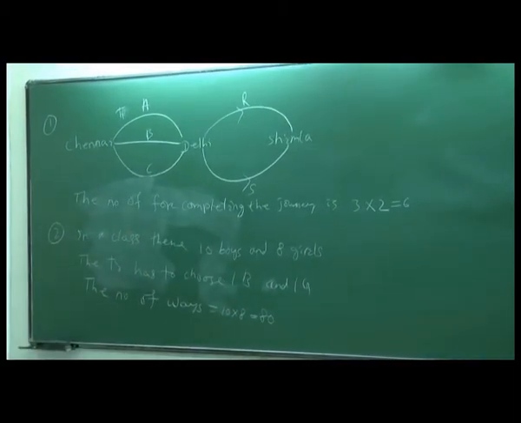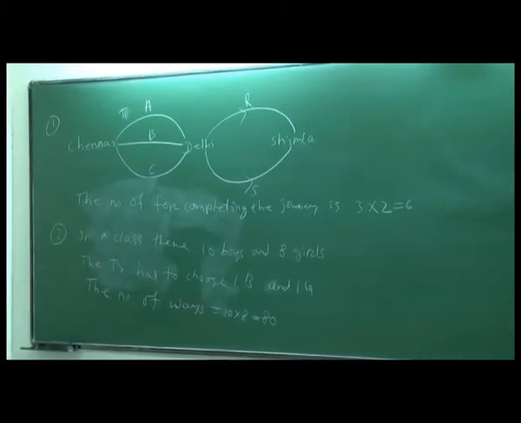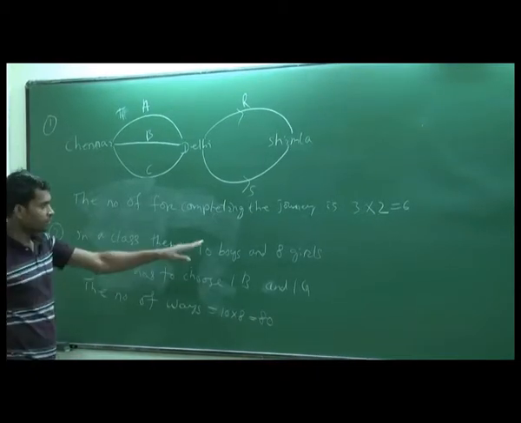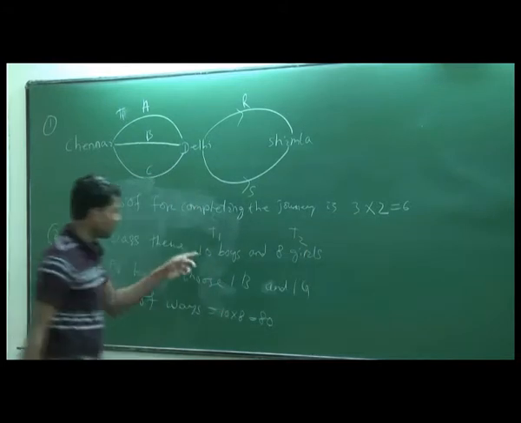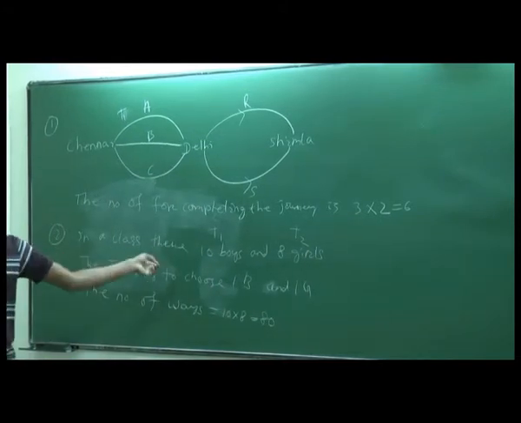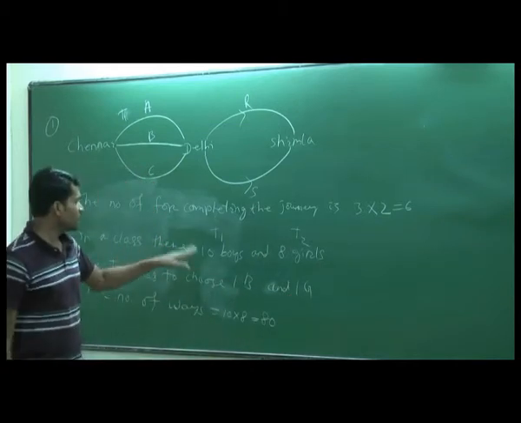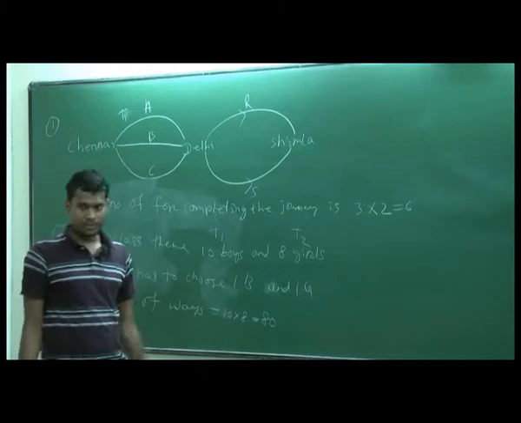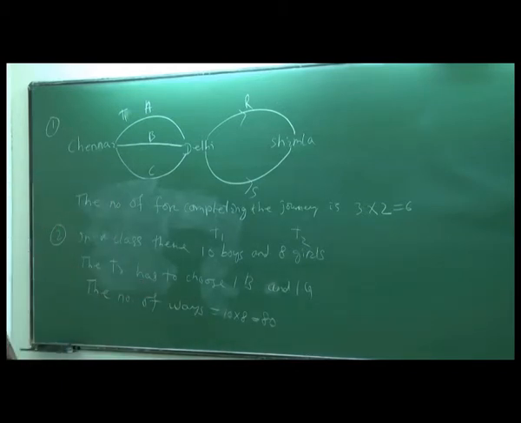In this case, the first task T1 was choosing one boy, and the second task T2 was choosing one girl. The first task can be done in 10 ways, the second task in 8 ways. So the total is 10 into 8, equal to 80 ways.